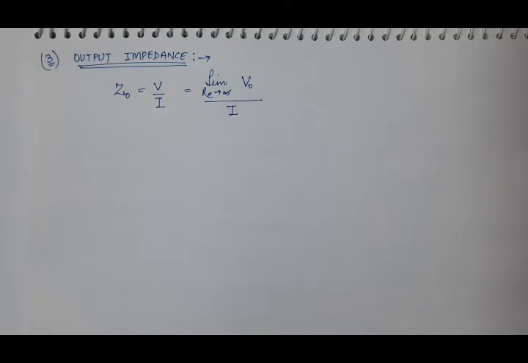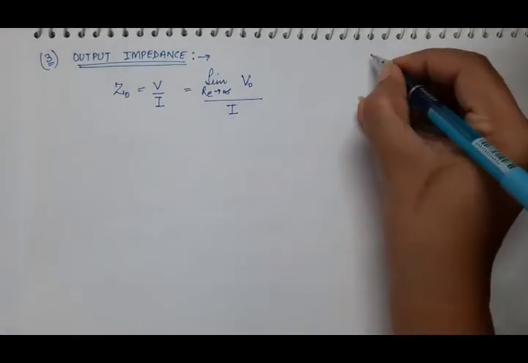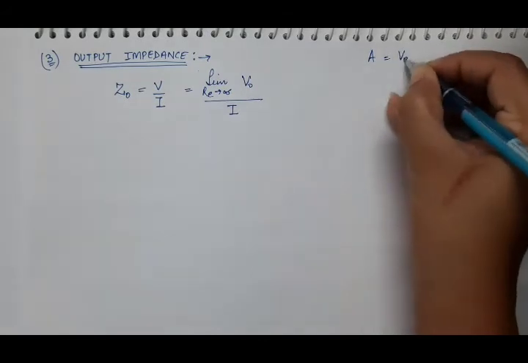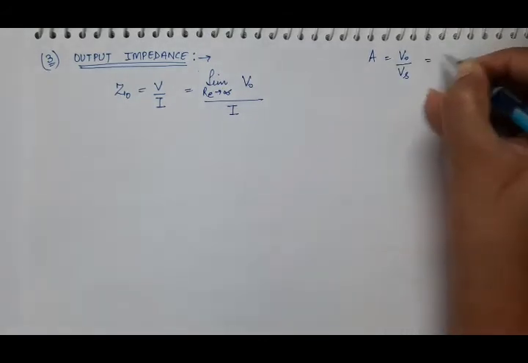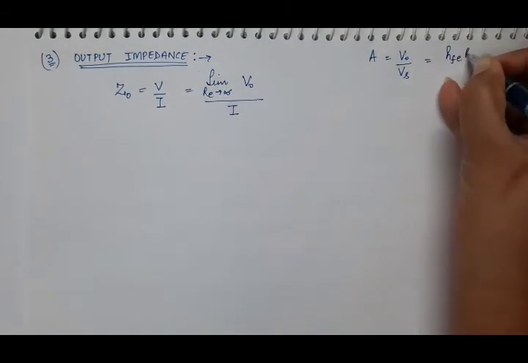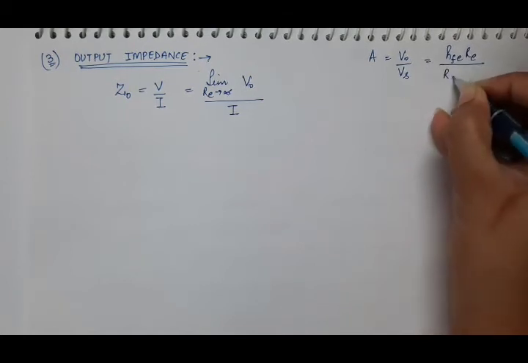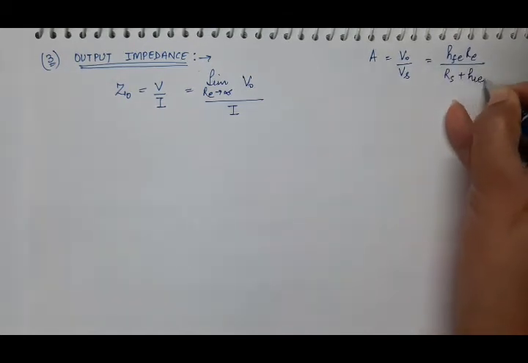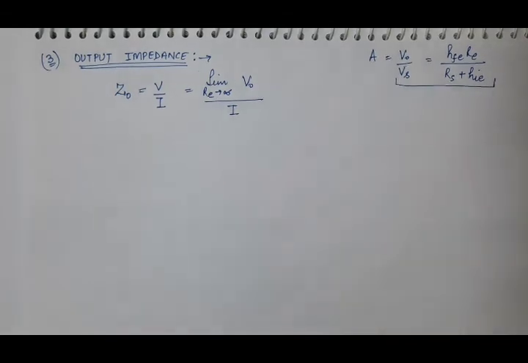And what is the value of V0? We know that A is equal to V0 by Vs and it is equal to HFE RE upon Rs plus HIE, which we have already calculated. Now from this, calculate the value of V0.